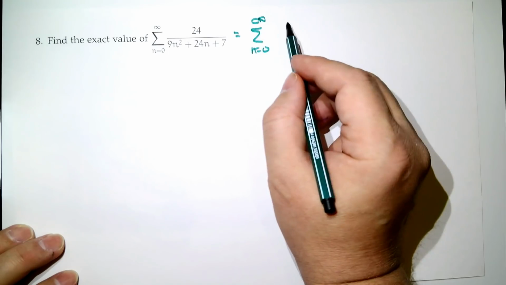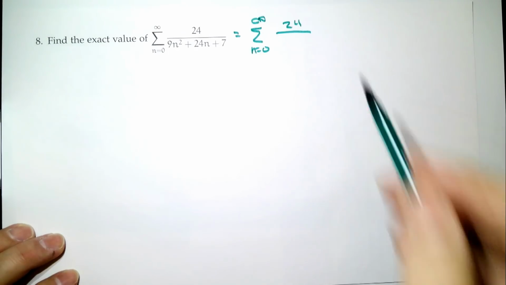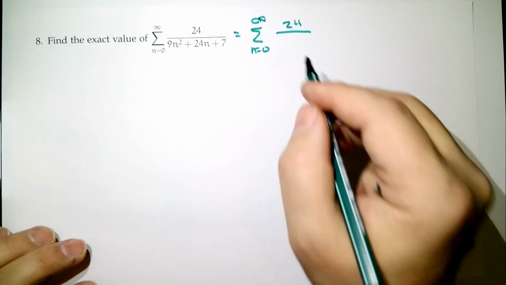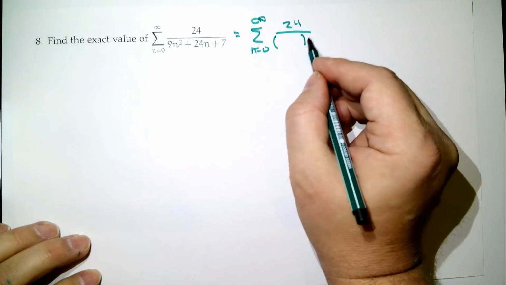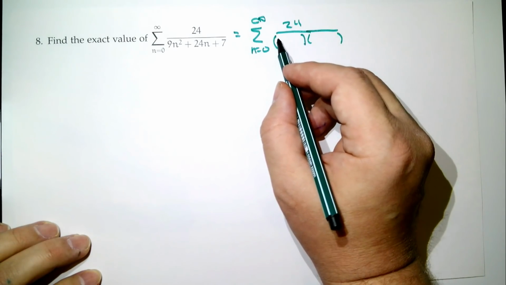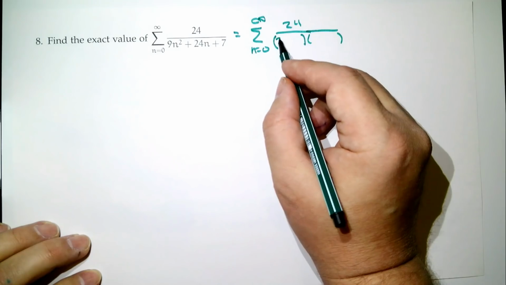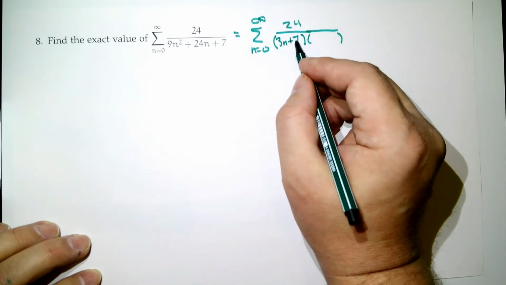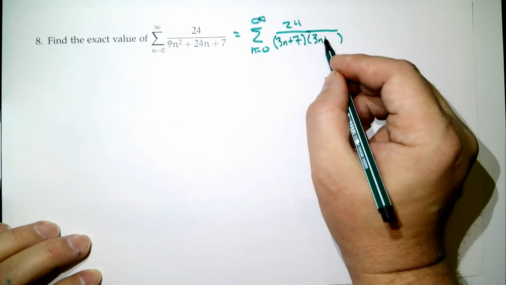I hope so. Otherwise, it's not going to be as impressive. Okay. So, does everyone see what it factors as? 3n plus 7 and 3n plus 1?